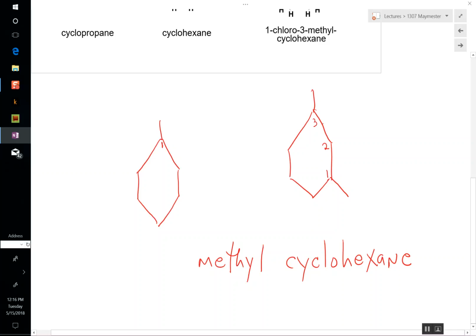You're going to count over to the next one, the shortest distance. You don't go clockwise or counterclockwise, you go the shortest path. So let's say it was over here, you would go this way. So that is going to be 1, 3, and in this case, we would use both numbers: 1,3-dimethyl cyclohexane.